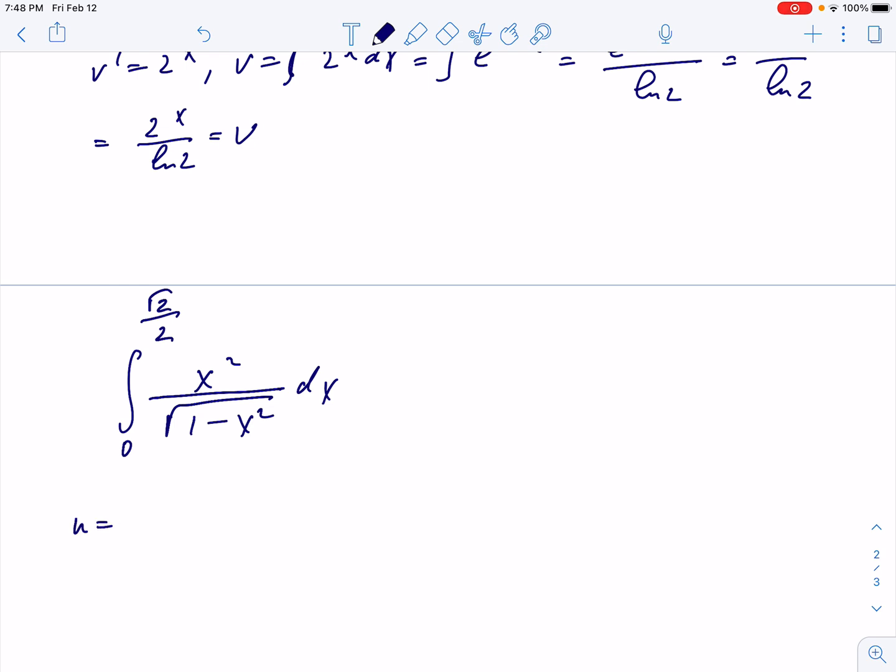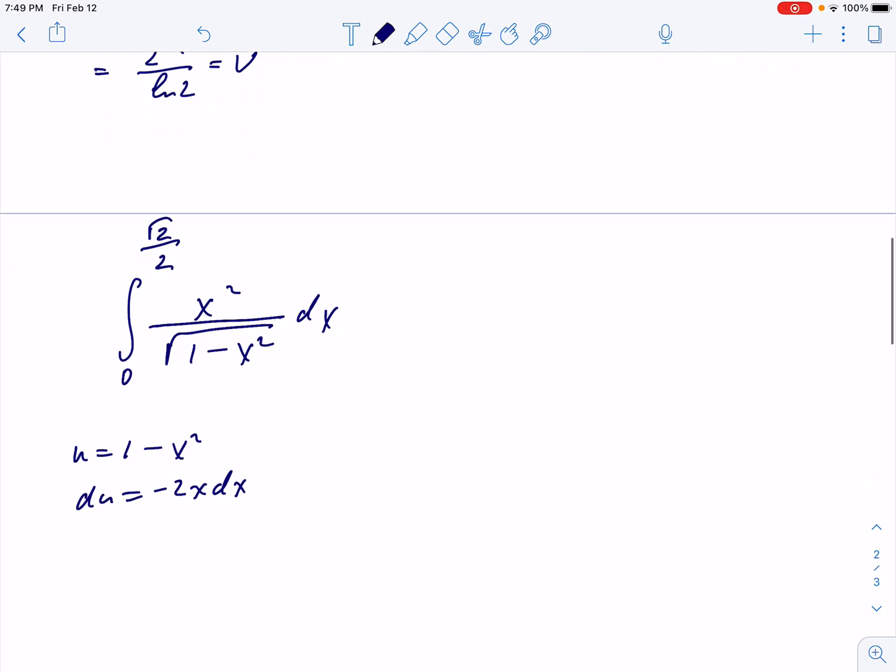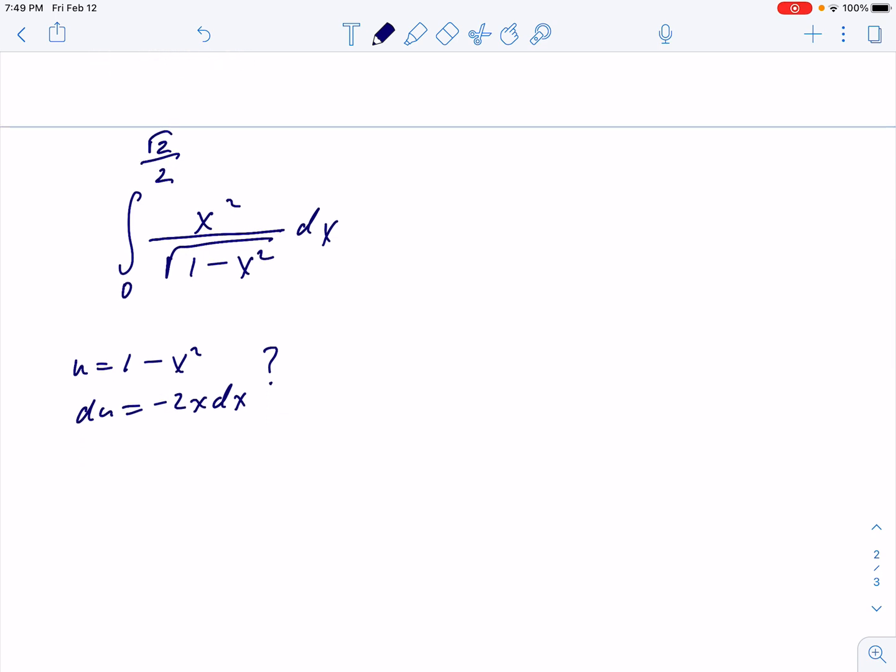If you take u to be 1 minus x squared, then du will be negative 2x dx. But on the top we have x squared dx, and one x will be left and you don't know what to do with it. So we cannot rewrite the integral in terms of u entirely. I should put a question mark for this substitution, so it doesn't work.